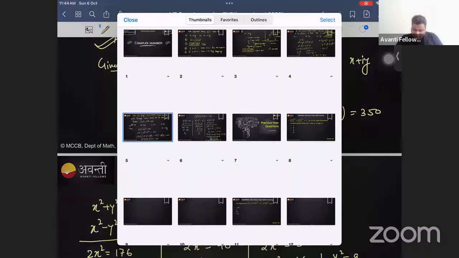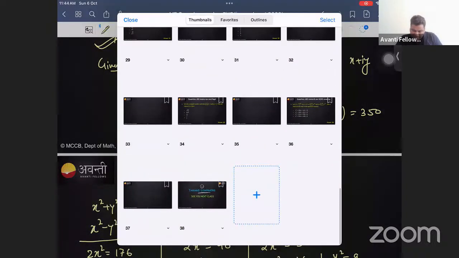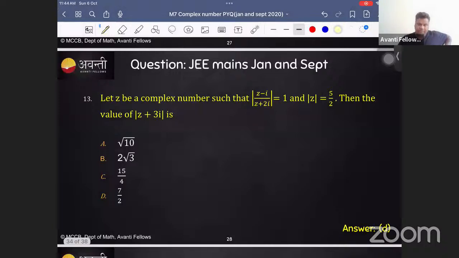Now see, there is a question, this one. Let z be a complex number such that magnitude of z minus iota upon z plus 2 iota is 1. For this one, sometimes they use the word unimodular. So they can also say z minus iota upon z plus 2 iota is unimodular.